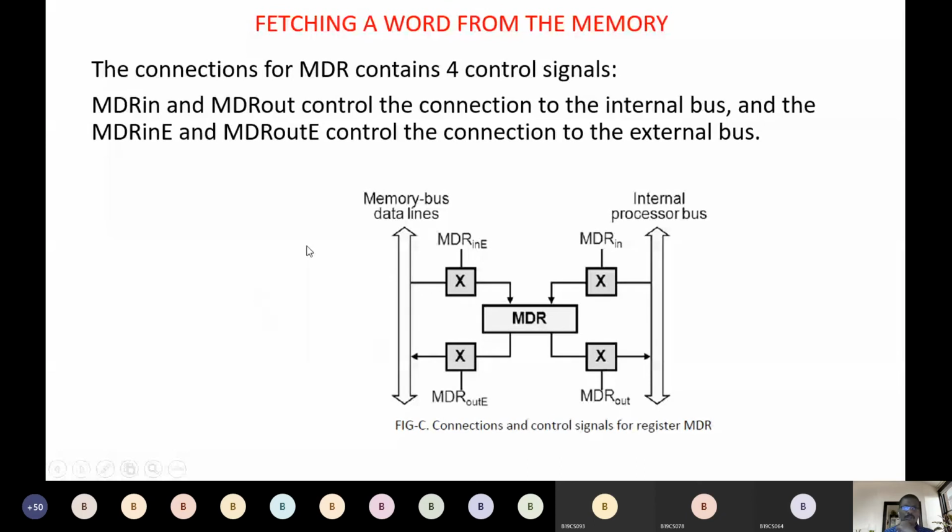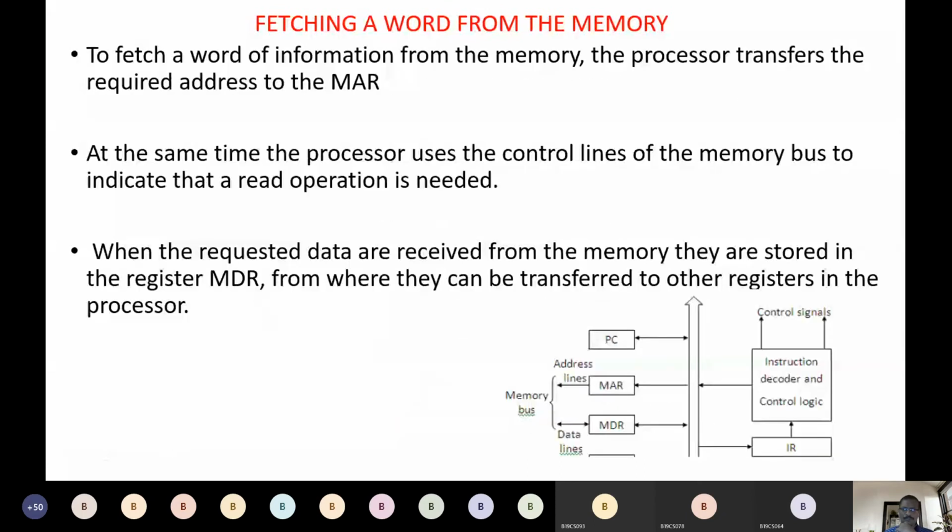Now you can see the steps by which data is fetched from main memory to the processor. When the processor wants some operand value, how does it fetch it? These are a few steps of how data is fetched from main memory to the processor.